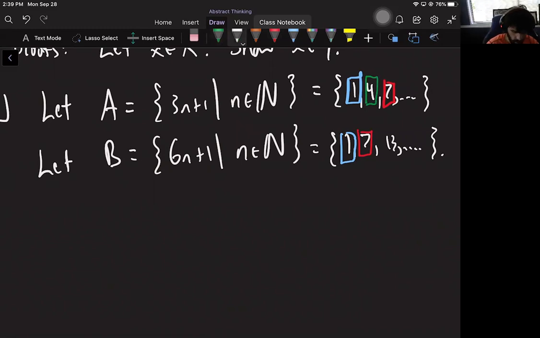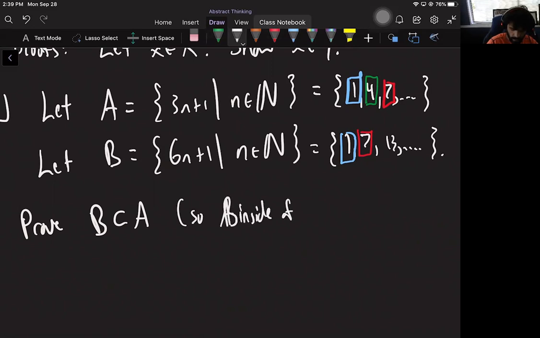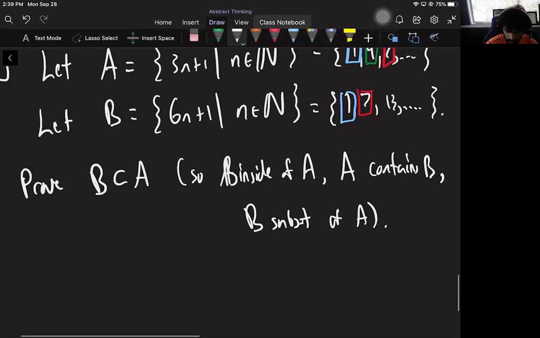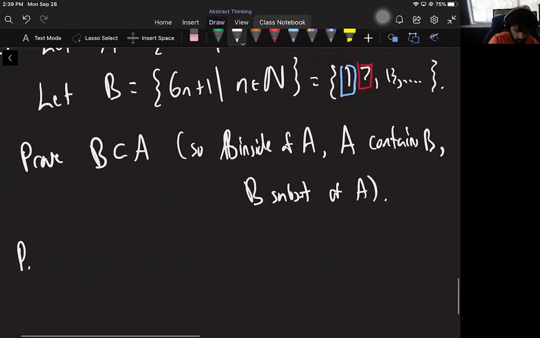Okay, so we're going to prove that B is a subset of A. So again, this means that I'm saying they're definitely not equal. So B is inside of A, or you could say A contains B, but the real way to say it is just that B is a subset of A. Okay, so let's prove it.